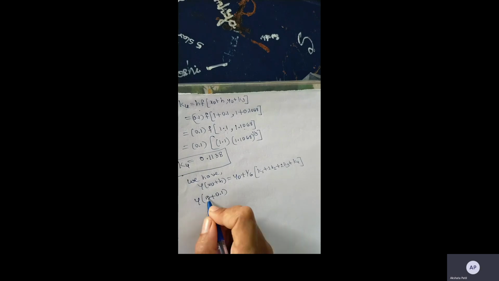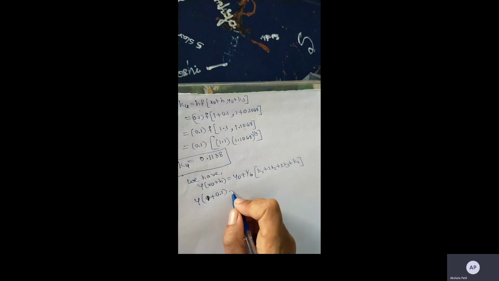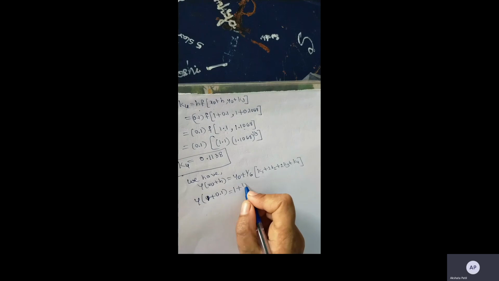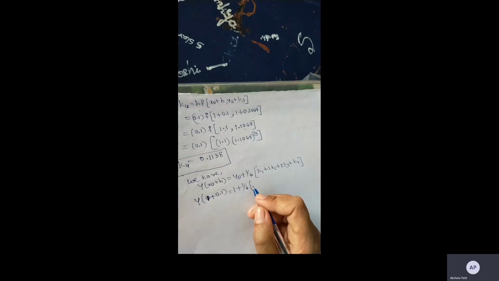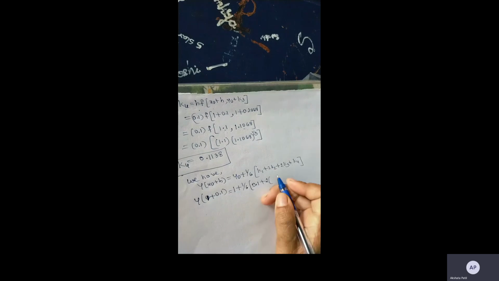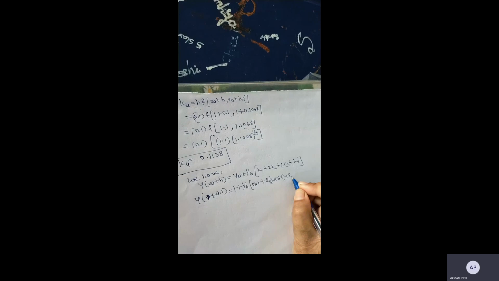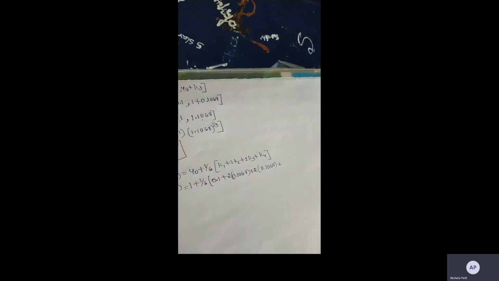So write it down here, 1 plus 0.1, which is equal to y0 is 1 plus 1 by 6, K1 value is 0.1 plus 2 into K2 value 0.1067 plus 2 into K3 value 0.1068 plus K4 value 0.1138.